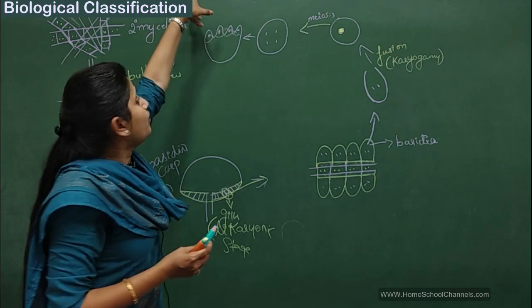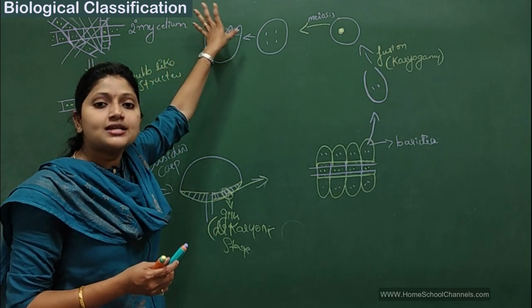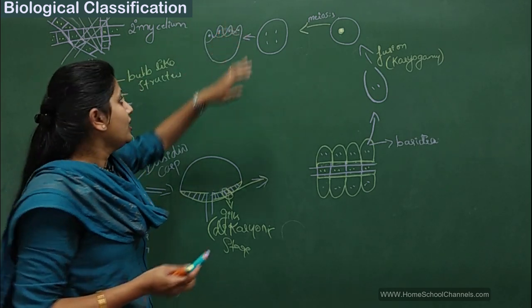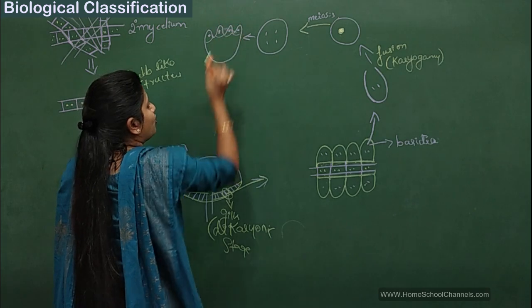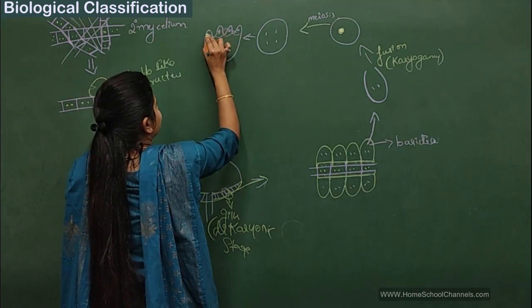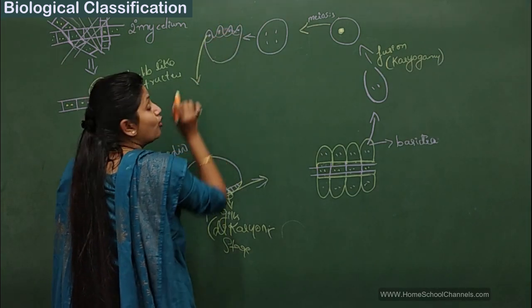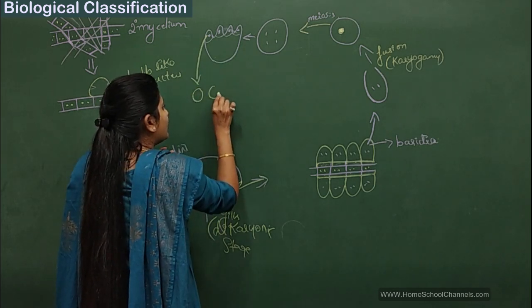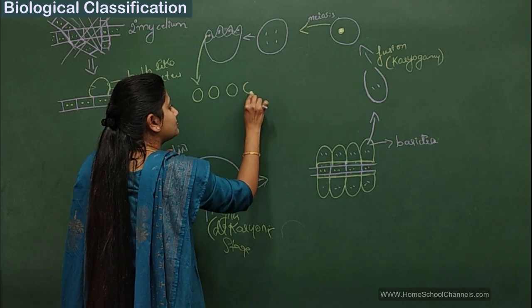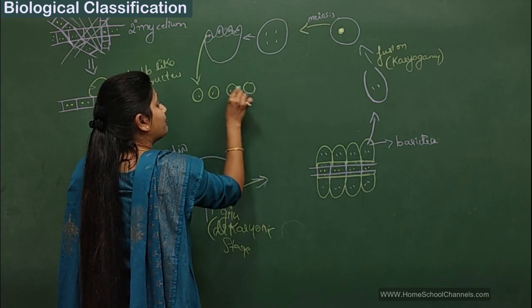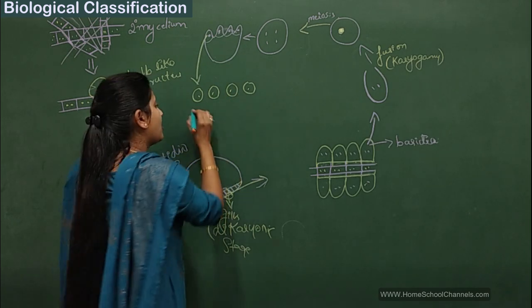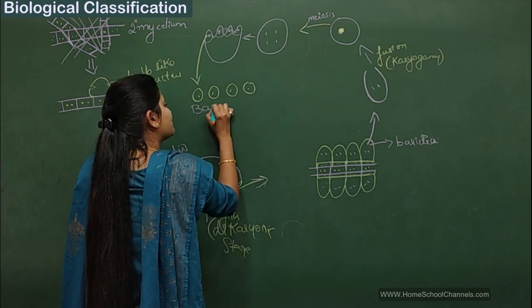Since they are on the outer side, we call these spores exogenously formed. Now, these 4 spores will get released. So we have 4 haploid spores, and these 4 spores are called the basidiospores.